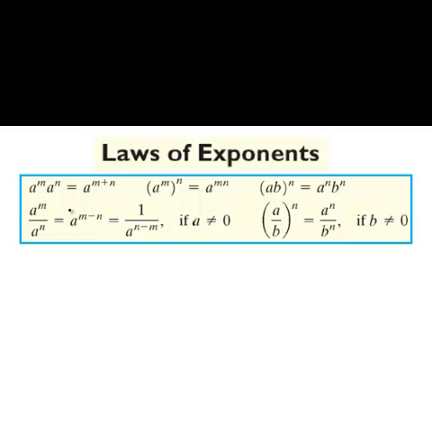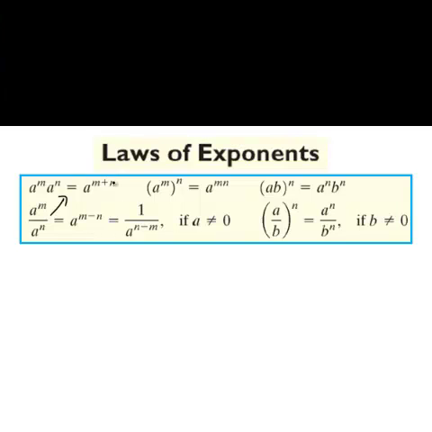Or the quotient of the powers is the difference of the exponents. I'm trying to find some interesting way of remembering this, but basically this kind of goes along with this top one here, but instead of multiplying, you're doing a division.